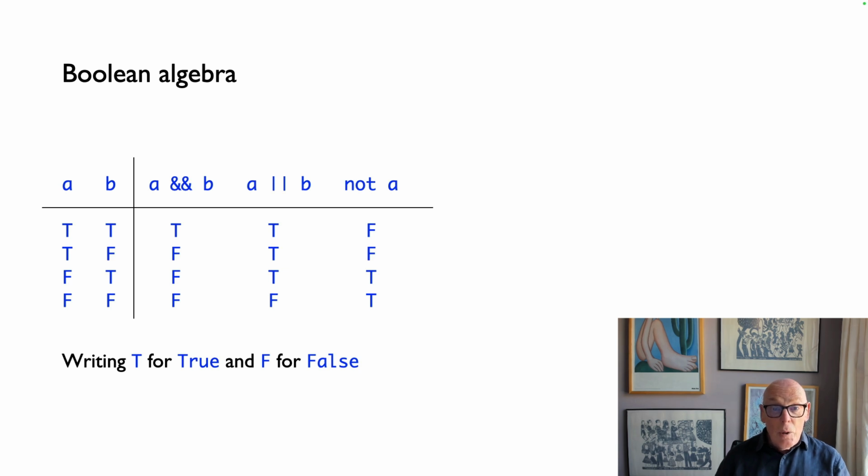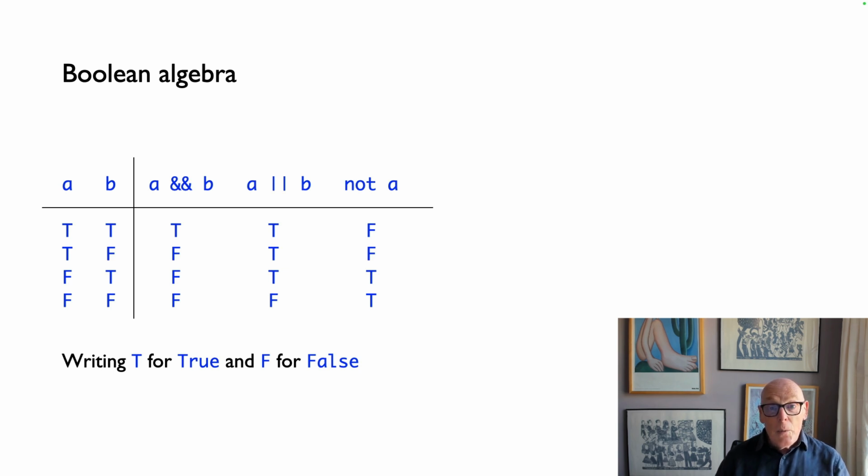Now, because there are two Boolean values, each input can be one of two things, and there are two inputs, so it's 2 choices for the first times 2 choices for the second. So there are 4 lines in this truth table. But in general, if there are n arguments to a Boolean function, there will be 2 to the power of n combinations of inputs, and so lines in this truth table.